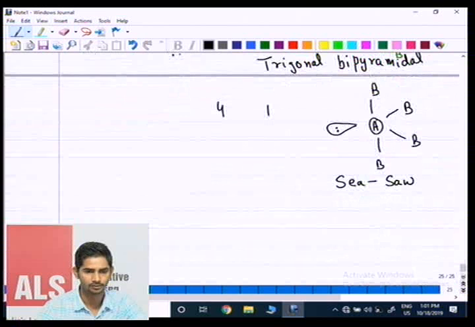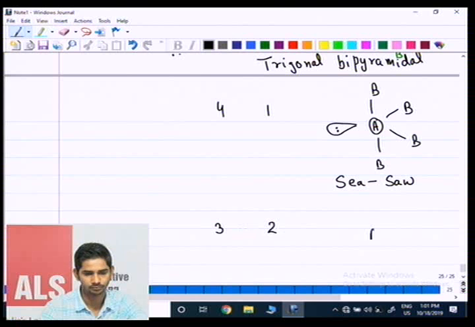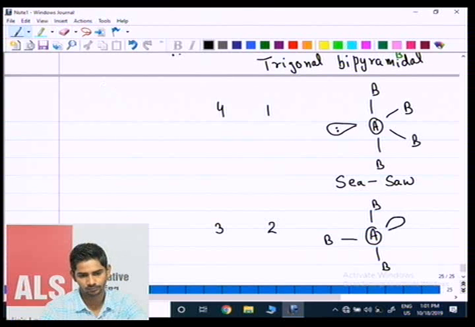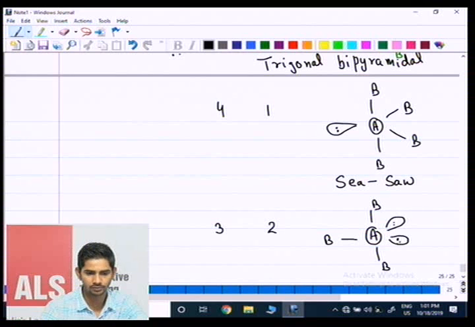This is your seesaw. 3, 2. 1, 2, 3. Two lone pairs, and this is known as your T shape.